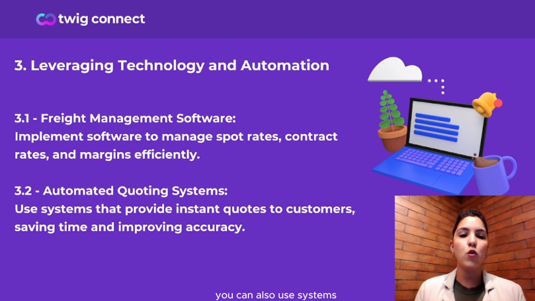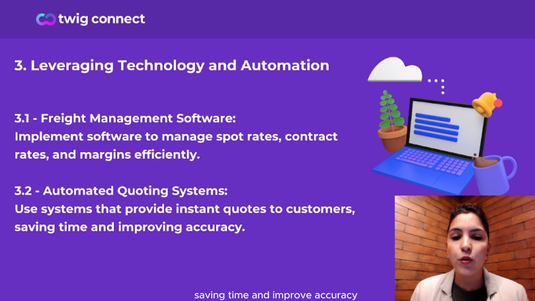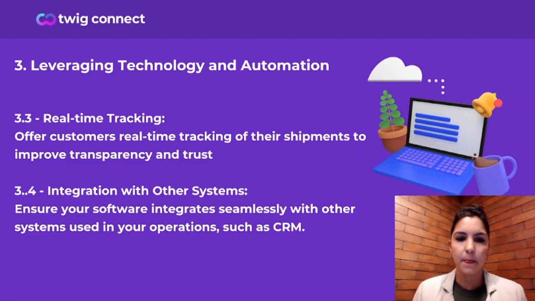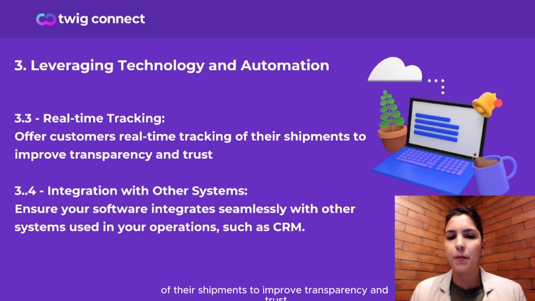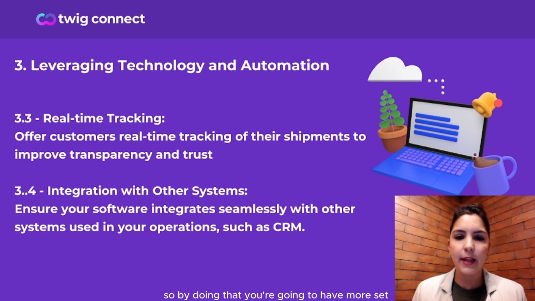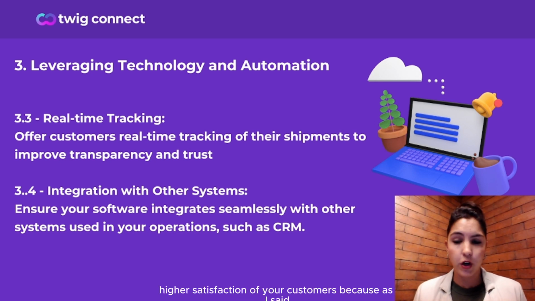You can also use automated quoting systems, so you can provide instant quotes to customers, saving time and improving accuracy. You can also offer customers real-time tracking of their shipments to improve transparency and trust. So by doing that, you're going to have higher satisfaction of your customers.